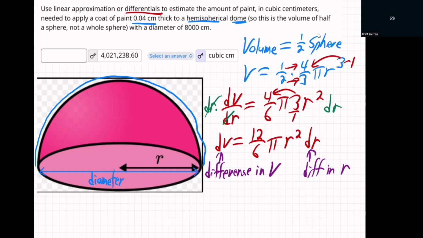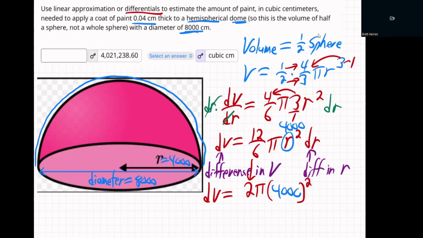Diameter means all the way across, and they told us 8,000. So 8,000 is all the way across. So the radius must be 4,000. It's half. So right here, that's going to be 4,000. So dV, the difference in volume, is 12 over 6, which is 2 pi, times 4,000 squared.